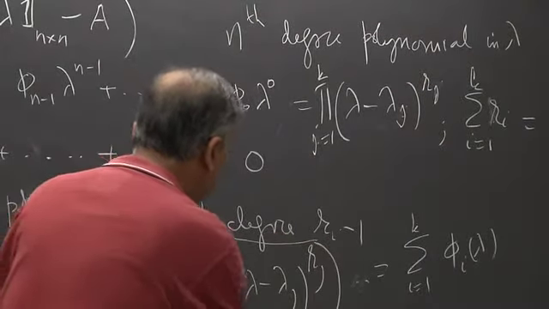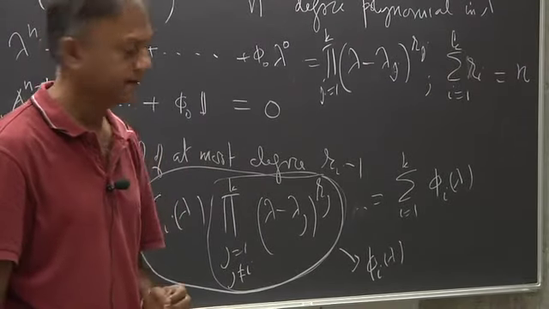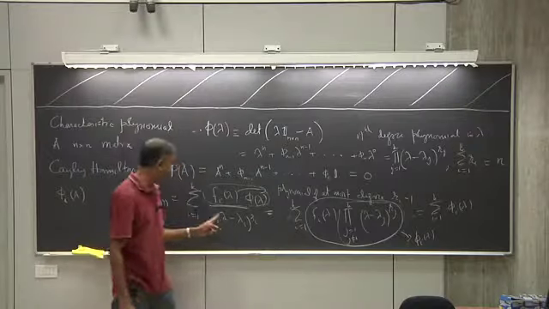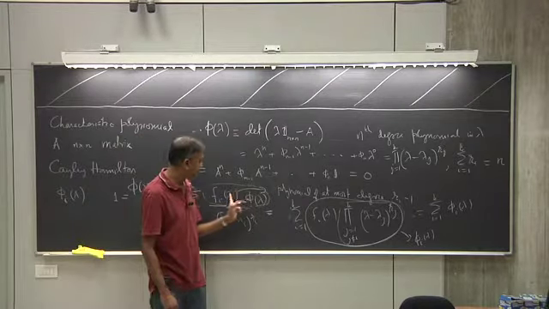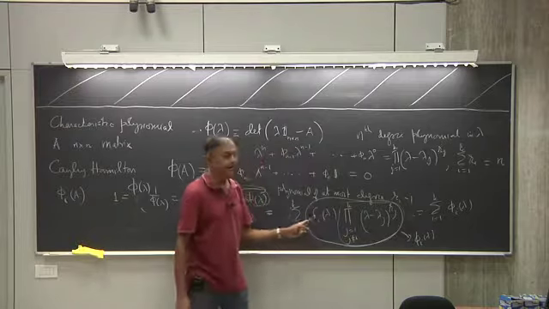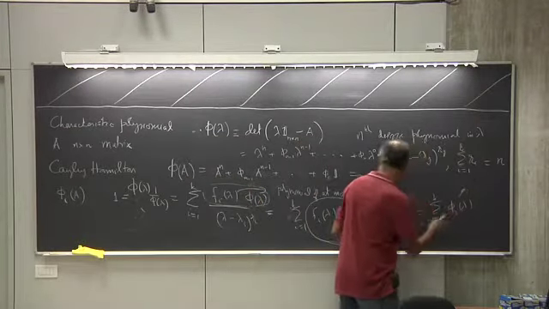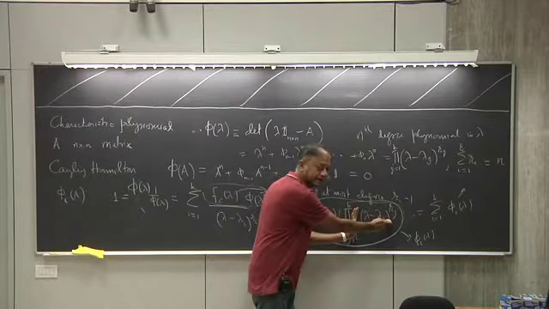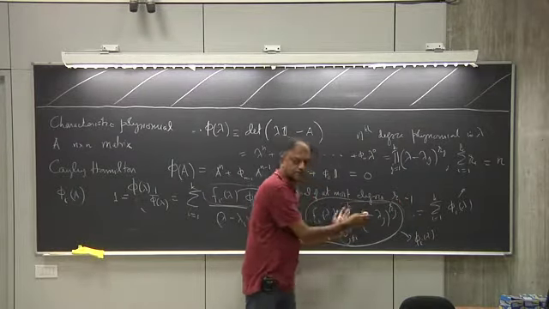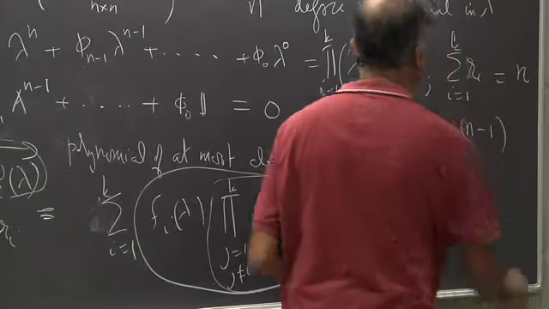So this quantity has a degree n minus r_i. But f_i lambda we said has a degree at most r_i minus 1. So this whole thing has a degree at most n minus 1, right? This is r_i minus 1, and that is n minus r_i. So add them up, it becomes n minus 1. So this has degree n minus 1 at most.